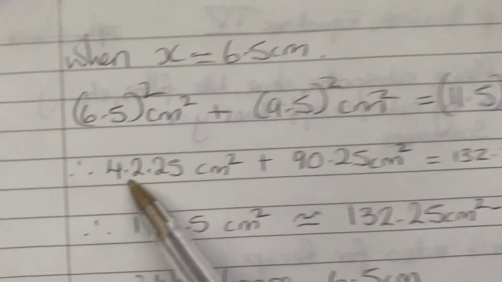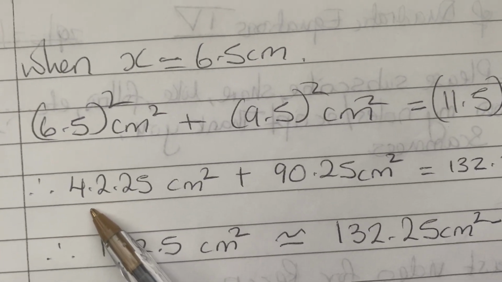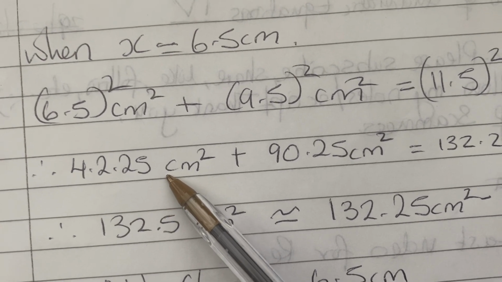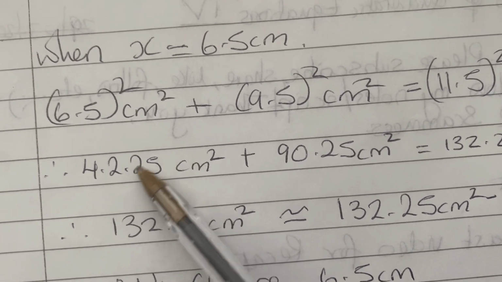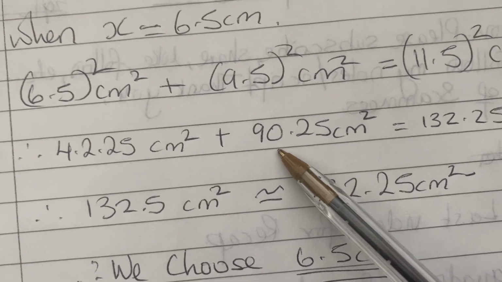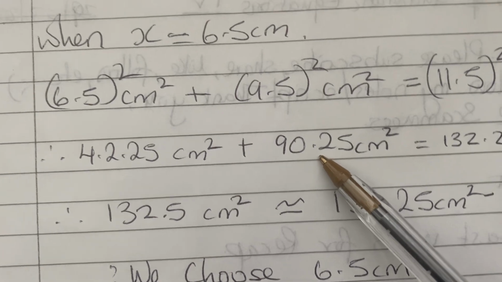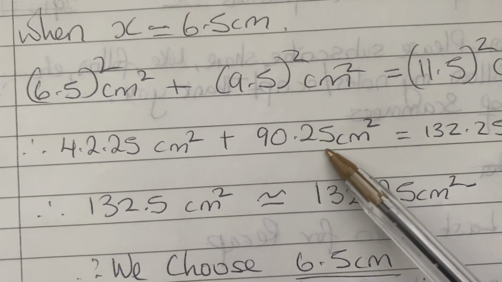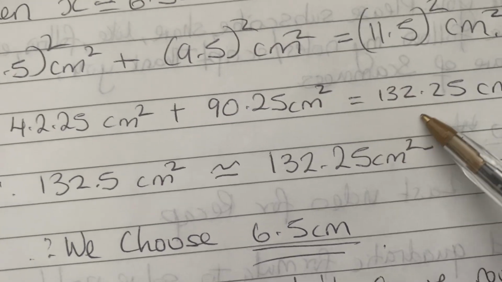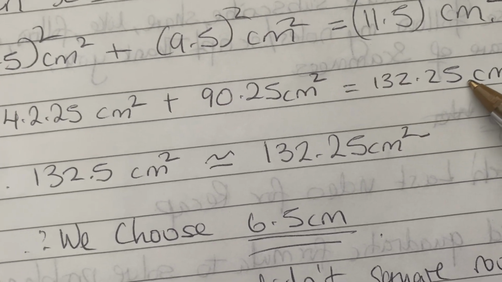So I have 42.25 plus 90.25 should be equal to 132.25.